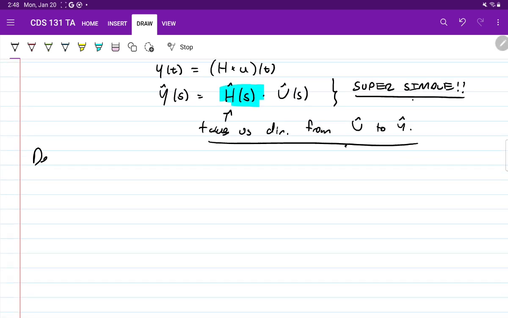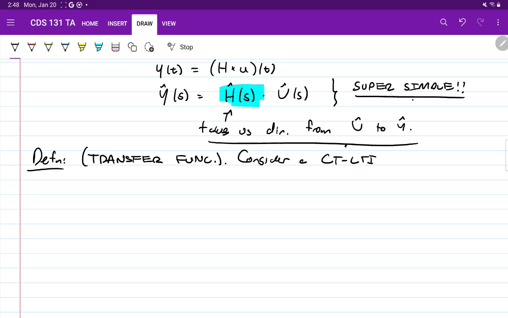Definition of the transfer function. Consider a continuous time LTI system with impulse response map h.